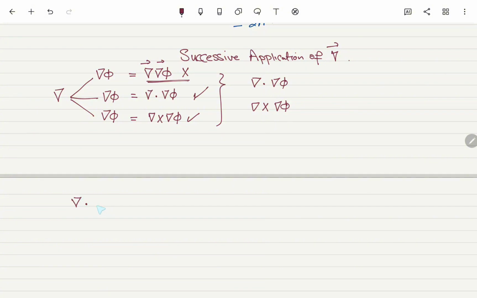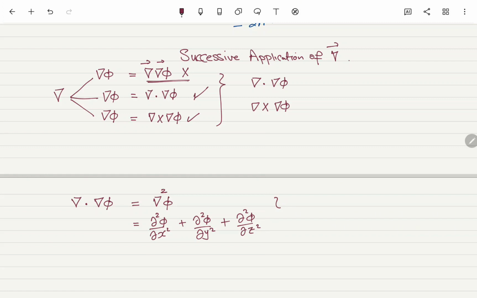Divergence of gradient phi is equal to del squared phi, and equal to, now del squared is partial squared phi over partial x squared, plus partial squared phi over partial y squared, plus partial squared phi over partial z squared.